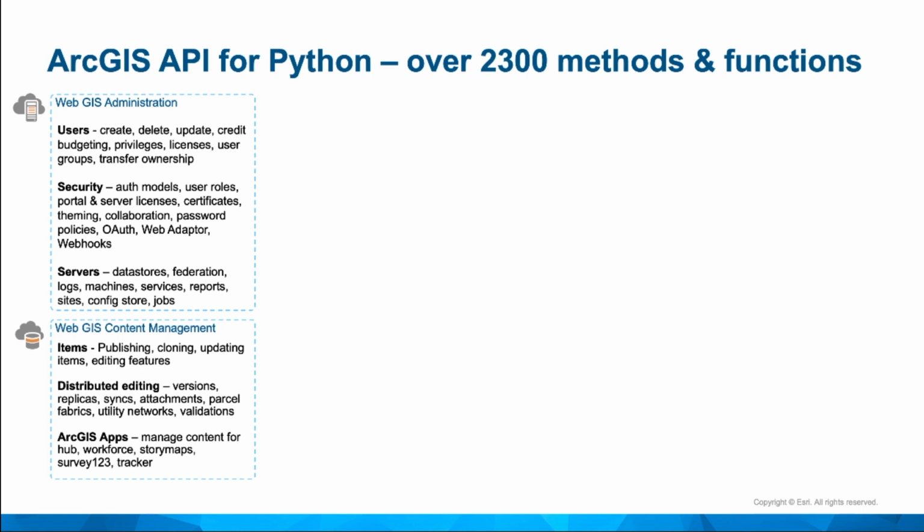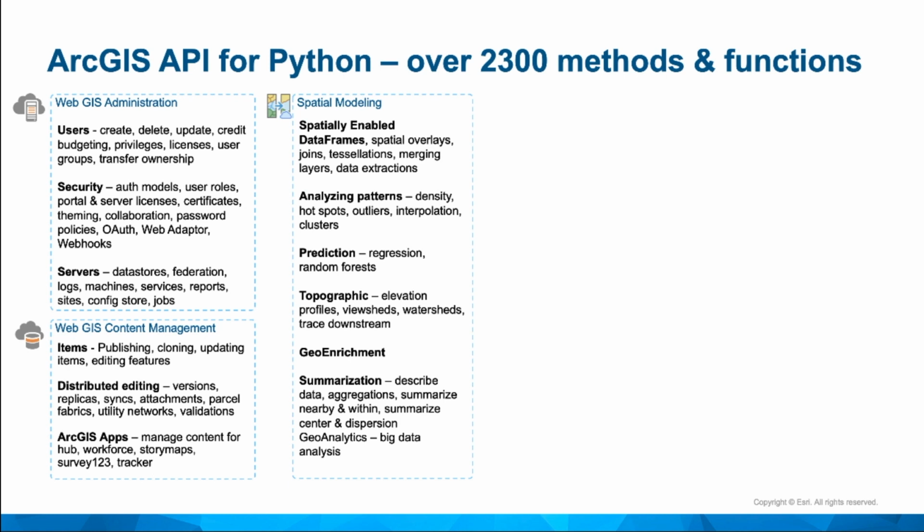With more than 2,300 functions and methods, this library can be used to perform a wide variety of tasks, including WebGIS administration, such as creating and managing users, managing the security models around this, managing the servers, the federation aspects, machines, services, licenses, etc. You can manage your WebGIS content, including publishing new content, cloning content from one organization to another, updating and keeping these items periodically up to date, setting up distributed collaborations between different GISs, and creating or managing content for other applications like workforce, story maps, Survey123, etc.